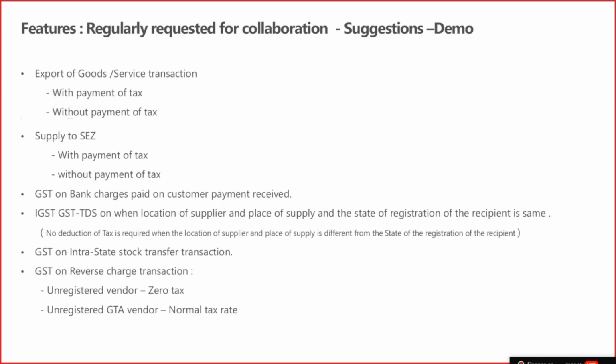We are also looking to provide some ease with an exempt checkbox at the header level, so that once you mark it, all the lines will be exempt, and in that case the system will not calculate CGST and SGST. By default, if you have not marked exempt, the system will calculate CGST even for intrastate transactions. GST on reverse charge, for unregistered, 0, and there again you have to use the configuration properly to calculate the tax accordingly.